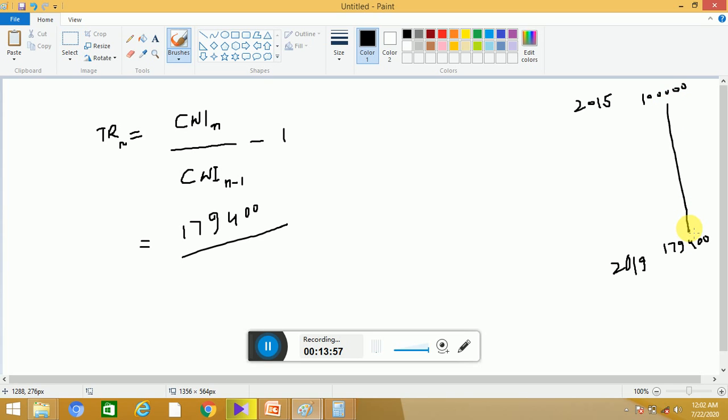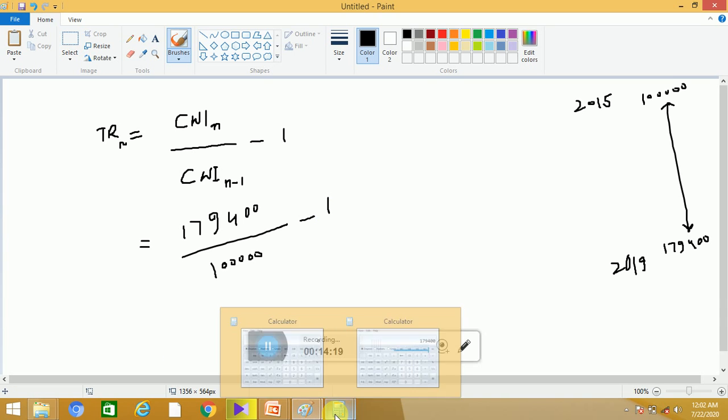Now we want to calculate the return between these 2 periods of time. So cumulative wealth index n minus 1 is 100,000, and minus 1.